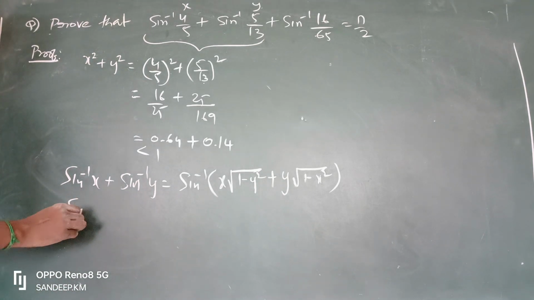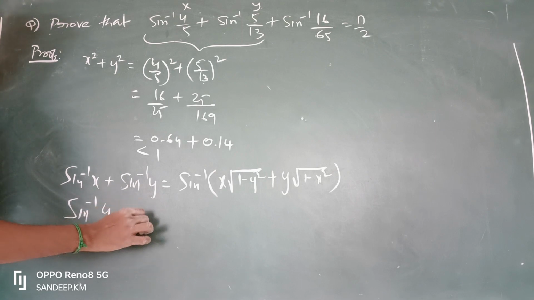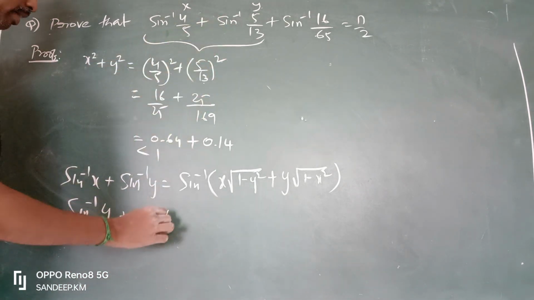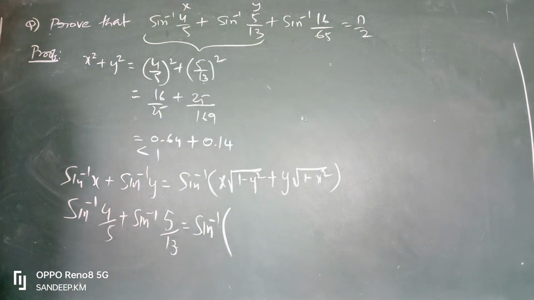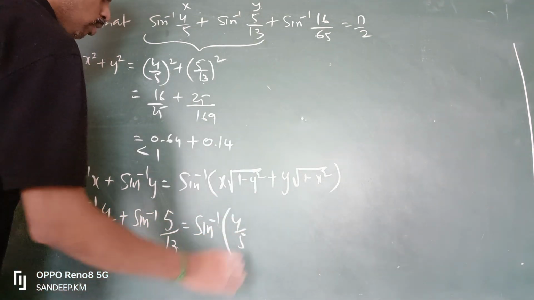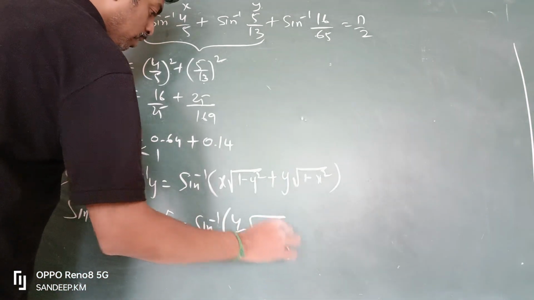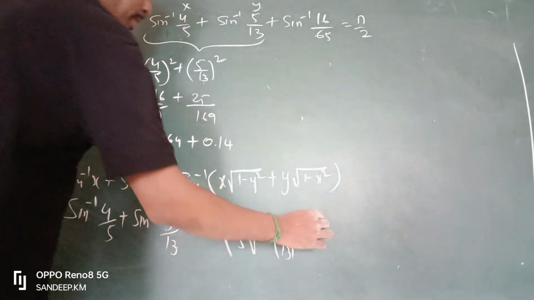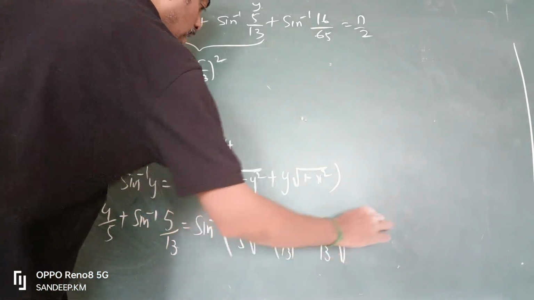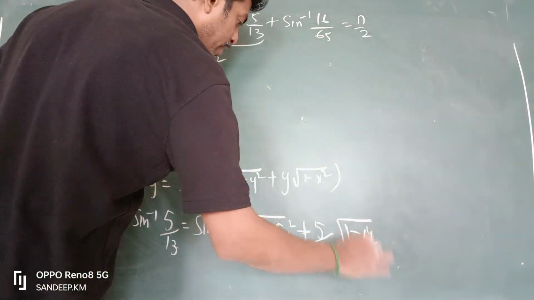So now let me find what is sin inverse of 4 by 5 plus sin inverse of 5 by 13. That means sin inverse of 4 by 5 into root of 1 minus y square, that means 5 by 13 whole square, plus y into, that means 5 by 13 into under root 1 minus x square, x square meaning 4 by 5 whole square.